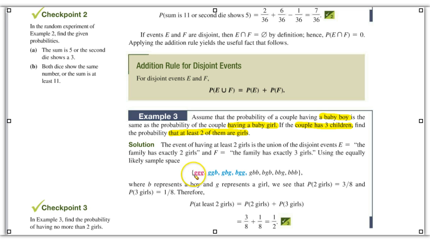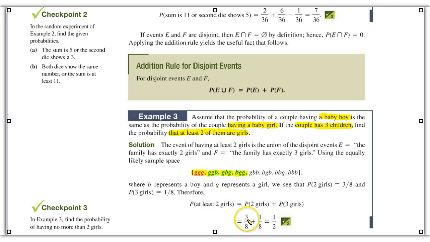Well, here's the listing we had from that tree table that we developed. Now that you're going to have at least 2 girls, there's 1, 2, 3 with 2 girls, and at least 2 girls also appears in having 3 girls.